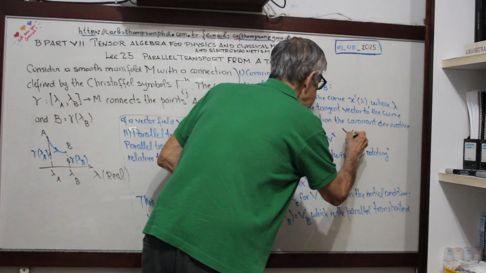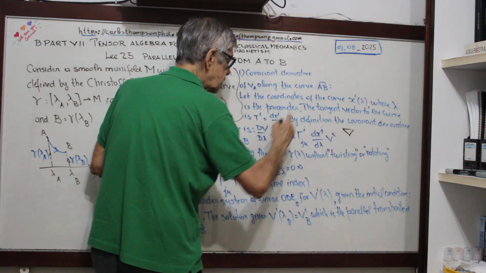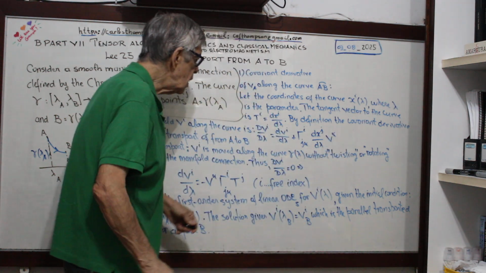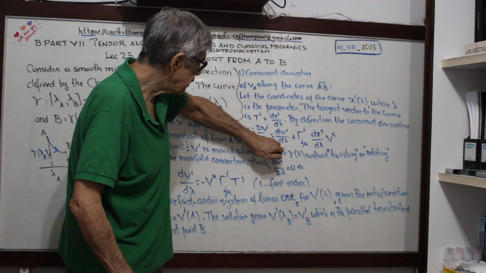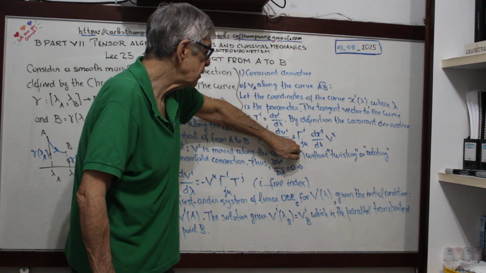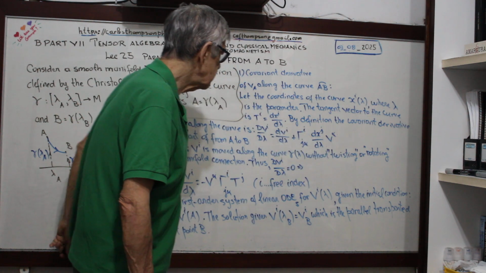This is the same, other notation. So this is dvi over d lambda, plus the Christoffel symbols, dxj over d lambda, vk, you see?